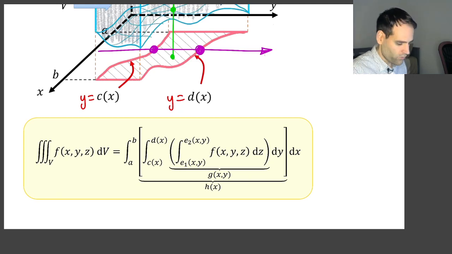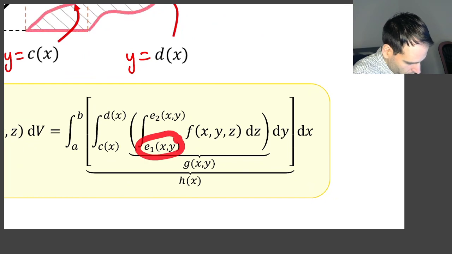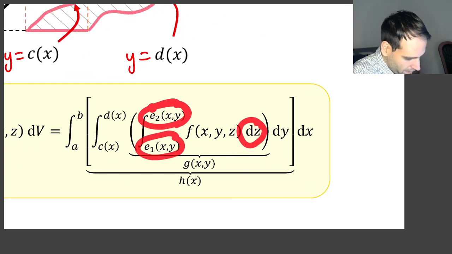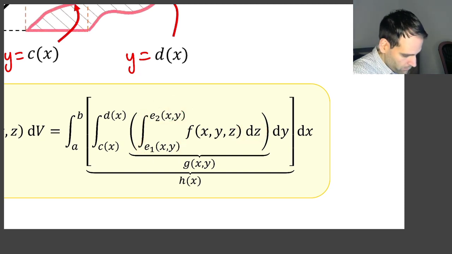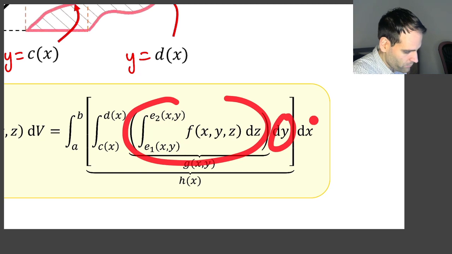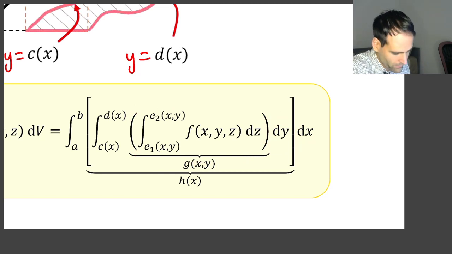Notice, as always, very important: the limits for the inner integral must not include z, but they can include x and y. It's fine that they include x and y, because later we are going to integrate with respect to y and with respect to x, so we will get rid of those x and y later.